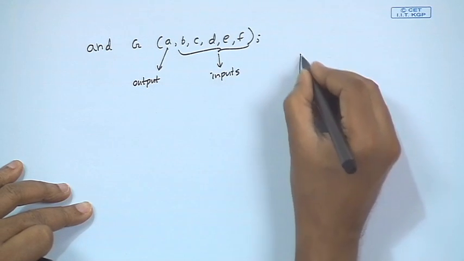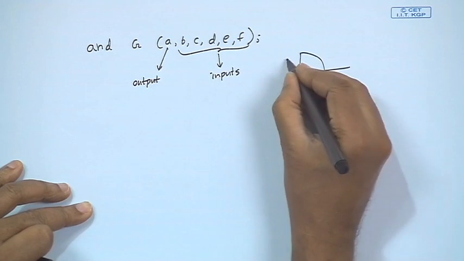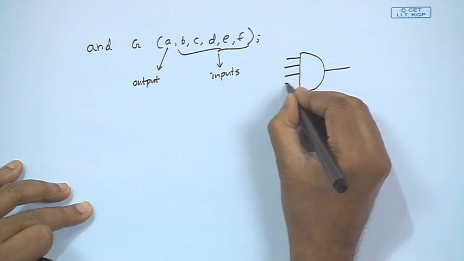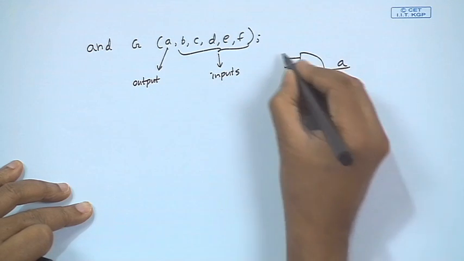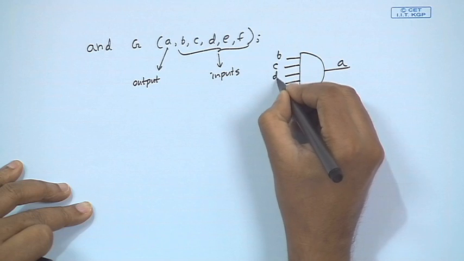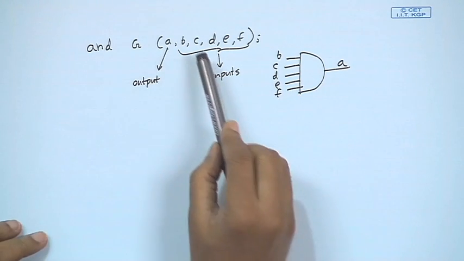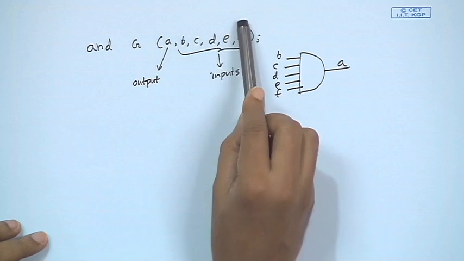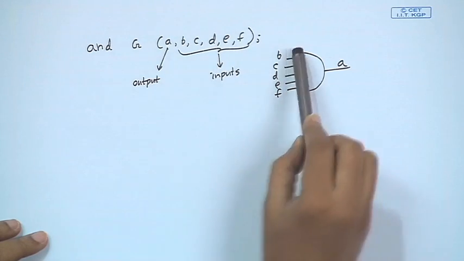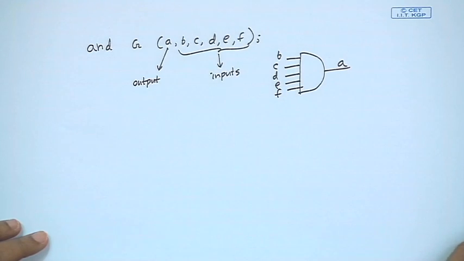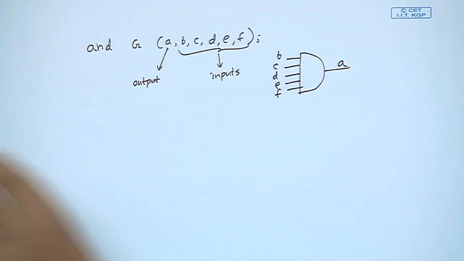So, I am actually defining a 5 input AND gate, where A is the output and B, C, D, E and F are the inputs. It depends on how many variables I am using in the parameter list, so the number of inputs of the gate will be defined accordingly. So, there is flexibility.